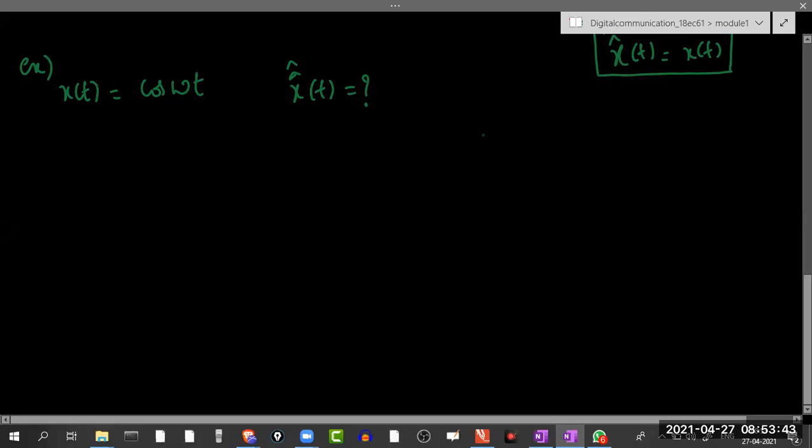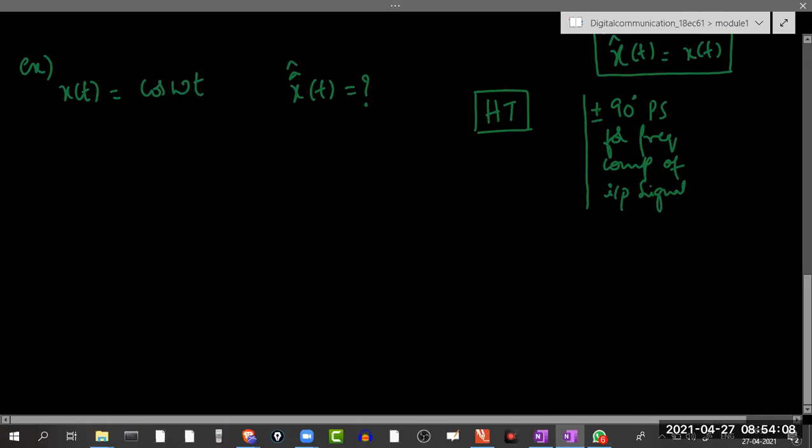So what should I do? We all know that the Hilbert transformer block brings in a plus or minus 90-degree phase shift for the frequency components of the input signal.